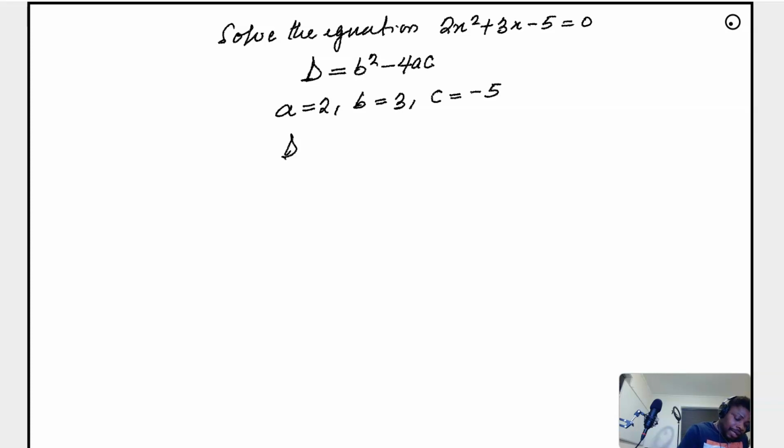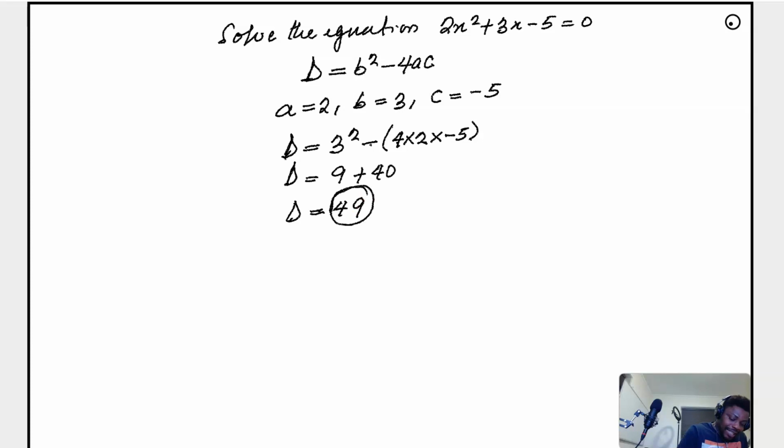So now, let's get D. D is B squared, that is 3 squared, minus 4AC, 4 times, what is A? 2. What is C? Minus 5. So D is equal to, this is 9, 3 squared is 9. Minus times minus is plus. So 4 times 2, 8. 8 times 5, that is 40. D is equal to 49.